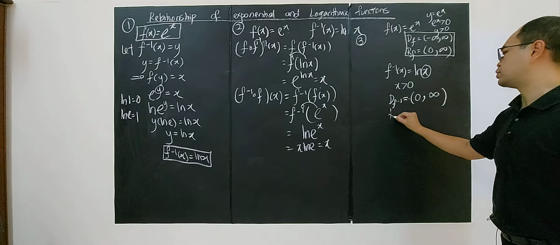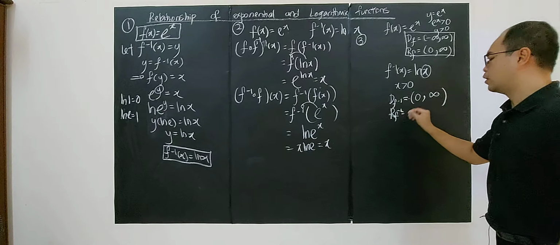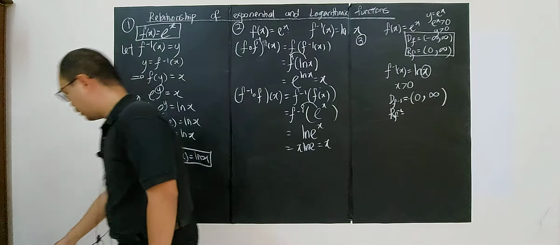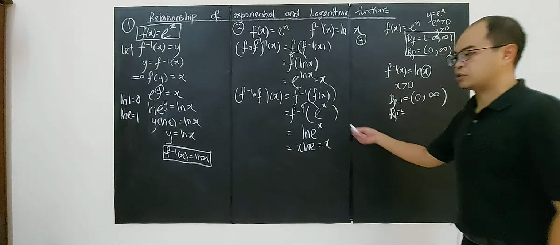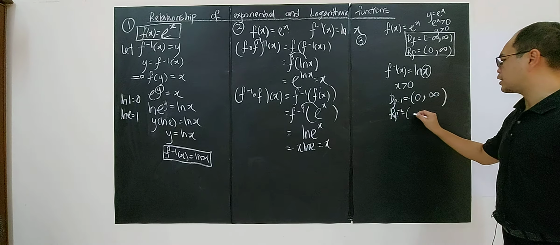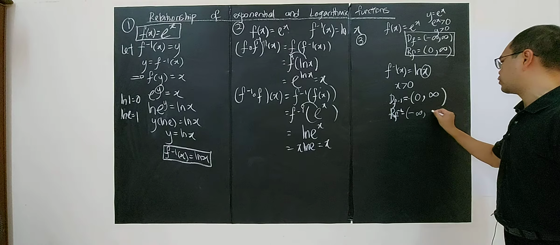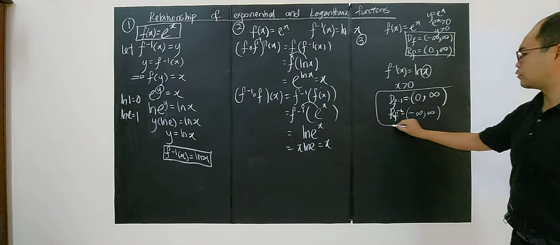And for the range of f inverse, for a logarithmic function, in my video where I sketched the graph of a logarithmic function, I have already told you that the range is always negative infinity to infinity. Okay, what can you find out about these two functions?